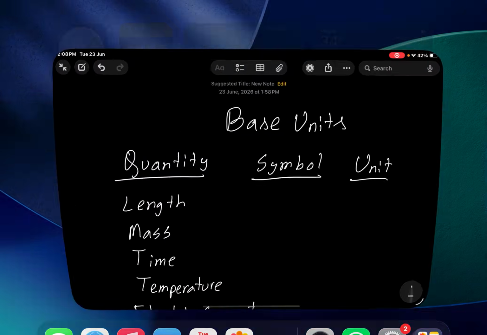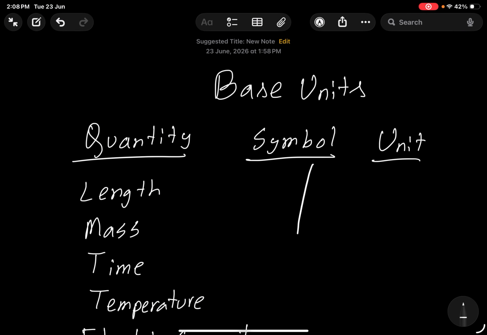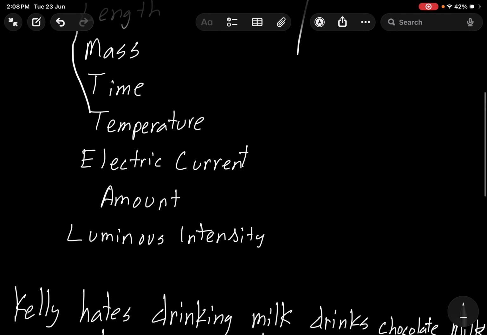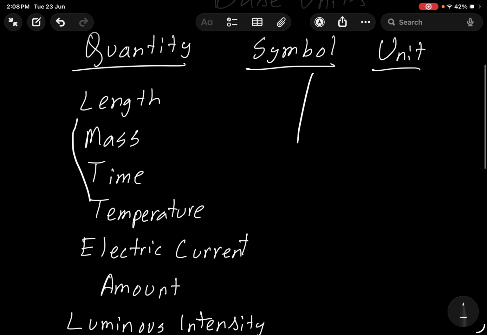So what about the base units? Let's go to them. The base units are length, mass, time, temperature, electric current, amount, and luminous intensity. Now we all know the symbol for length.